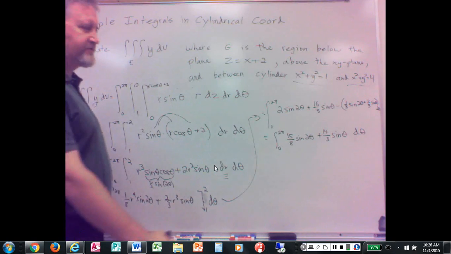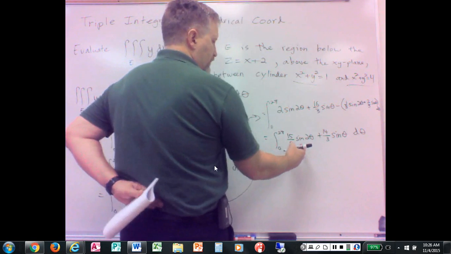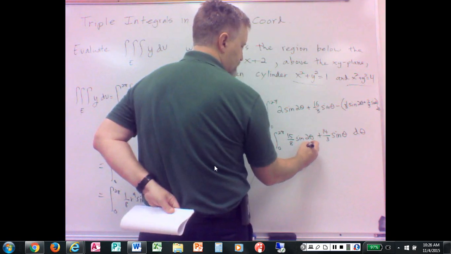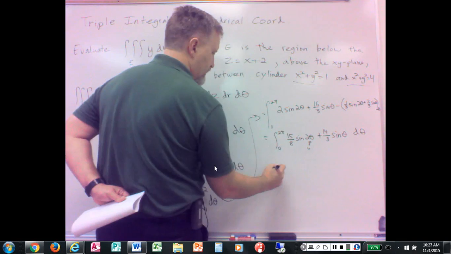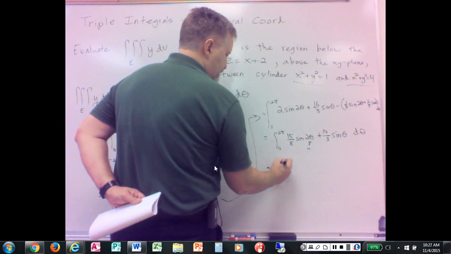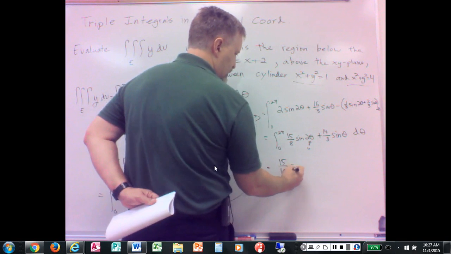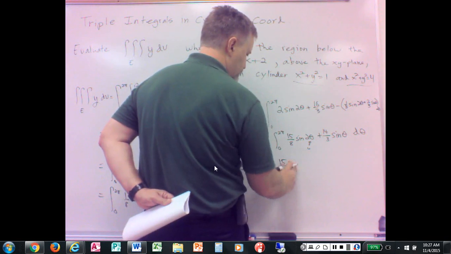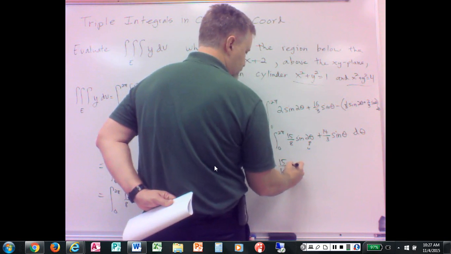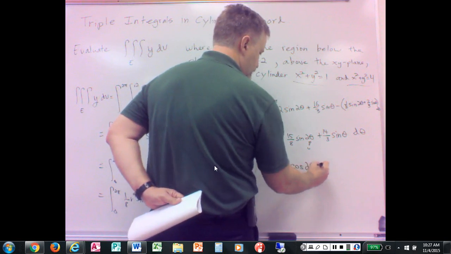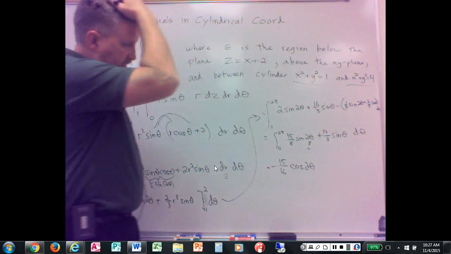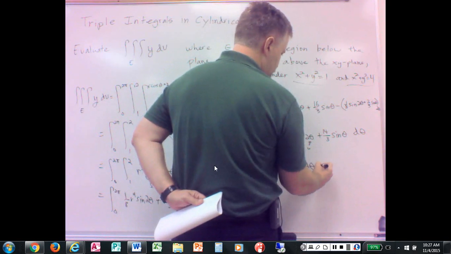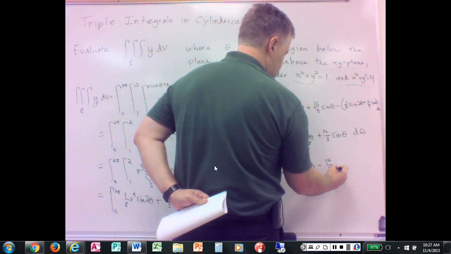Yeah, so this is a pretty easy one. Just let u be 2 theta, so du would be du over 2, so I've got another factor of 1/2. So that would be 15/16 times minus cosine of 2 theta. See where we get that? And then this would just be minus 14/3 cosine theta.